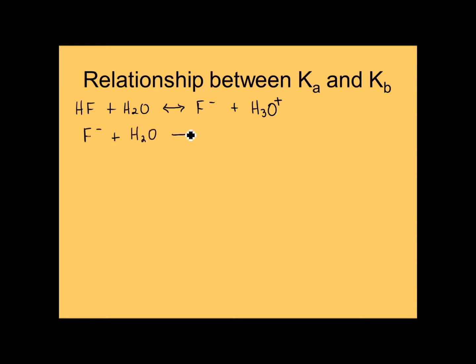It acts like a base, and a base pulls off protons. So you have here two reactions that are very much related. The first reaction is a weak acid. And the second one is technically a conjugate base.